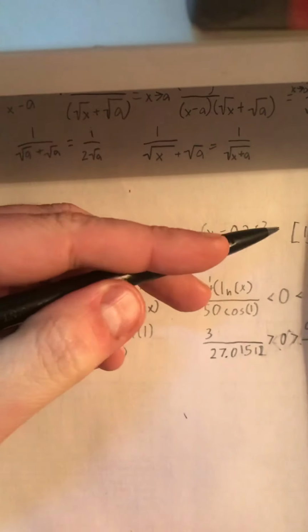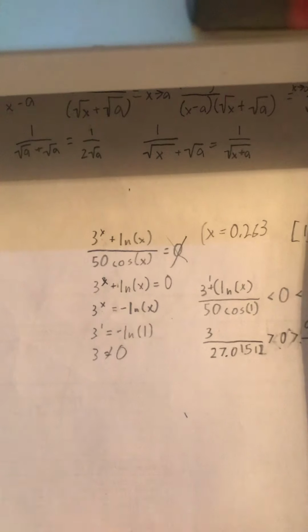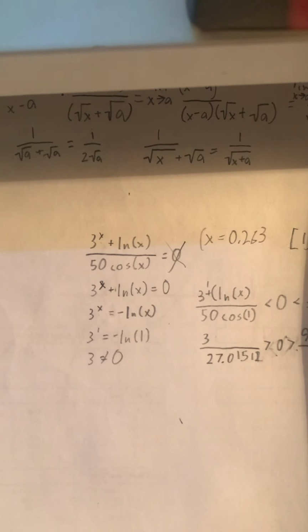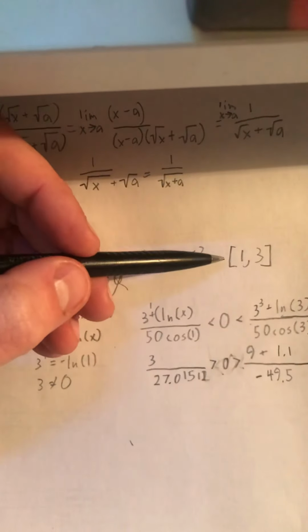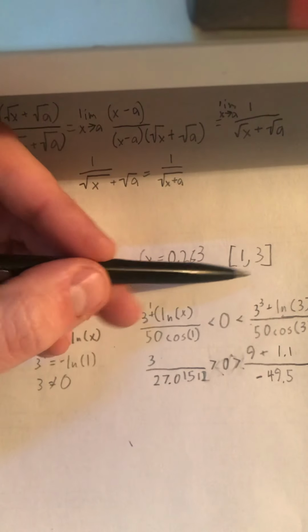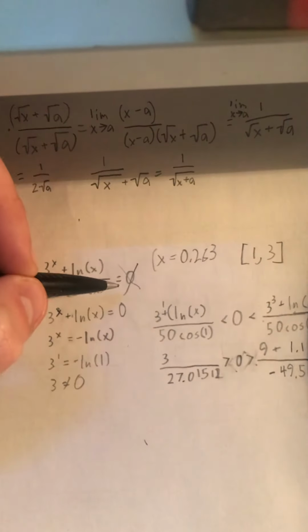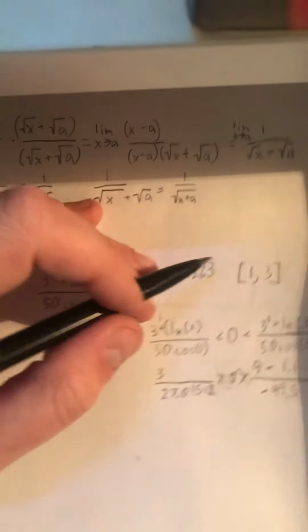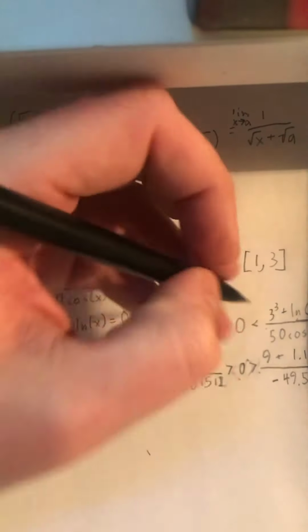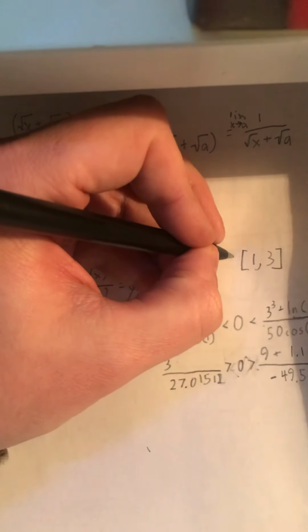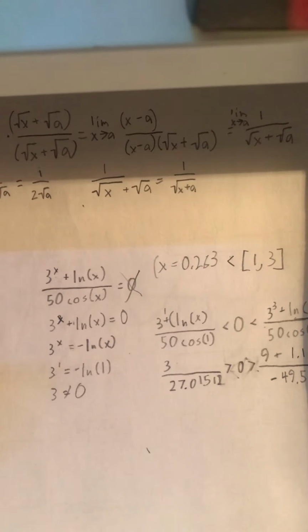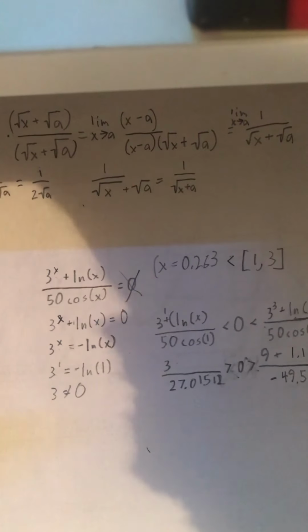This point doesn't exist between these two intervals, because this is saying f of x is 0, and this is saying x between 1 and 3. If we worked back through this, we get 0.263, which is less than 1. So that is why this equation cannot be guaranteed to have a solution at 0.